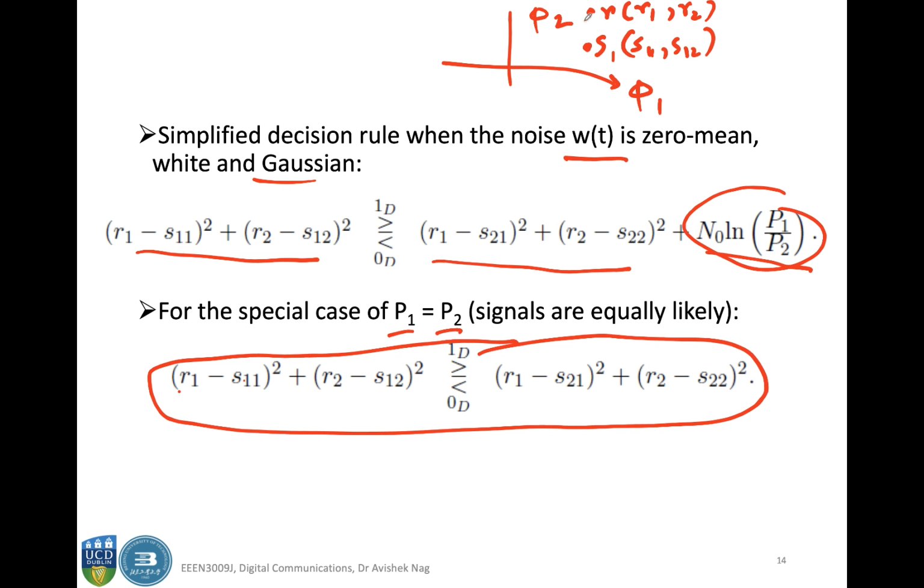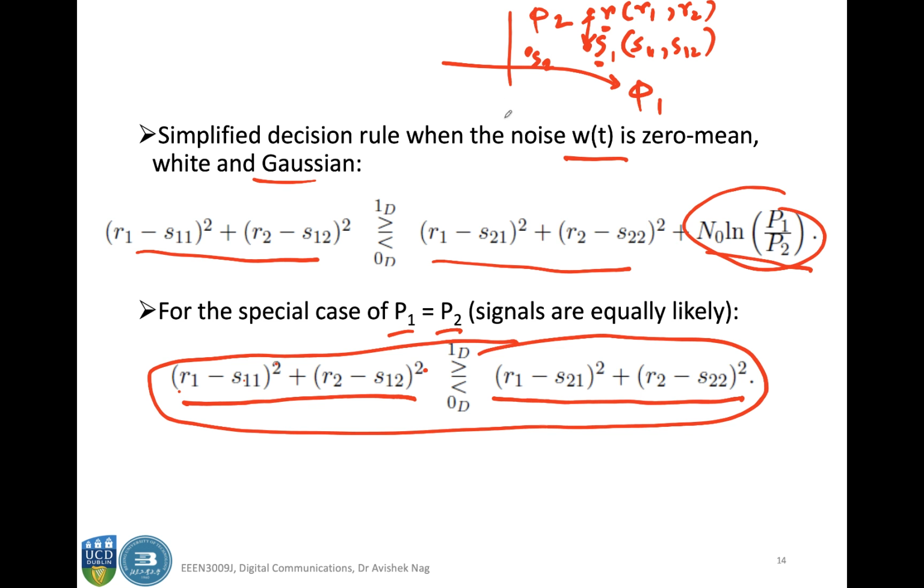So if you calculate the distance between R and S1, then this will be basically R1 minus S11 squared plus R2 minus S12 squared, and then the square root of that. Okay. So basically this left hand side is the distance squared of the received signal from the signal S1, and similarly this one is the distance squared of the received signal from, let's say, S2, which is here.